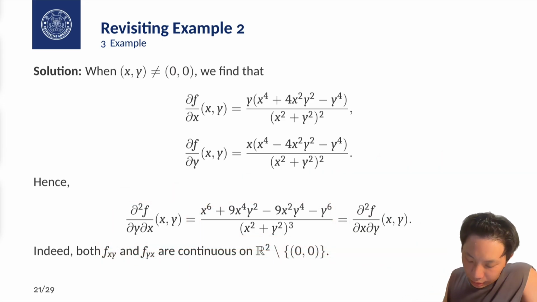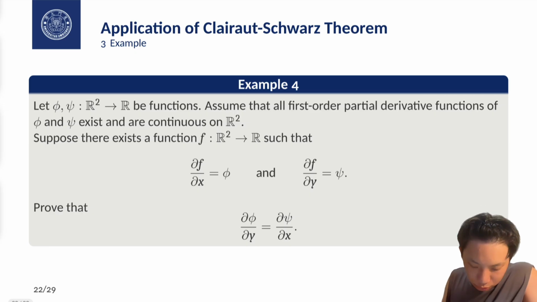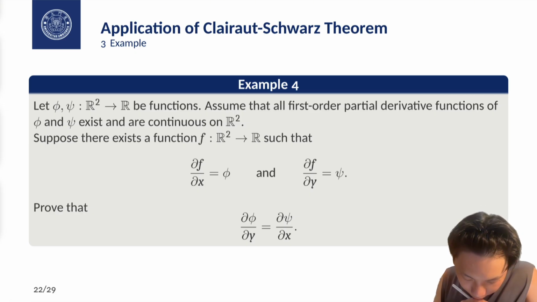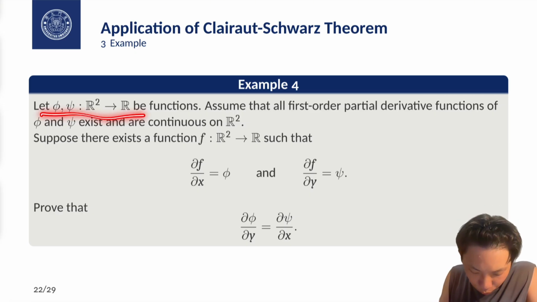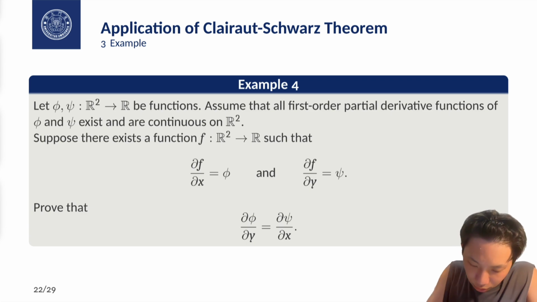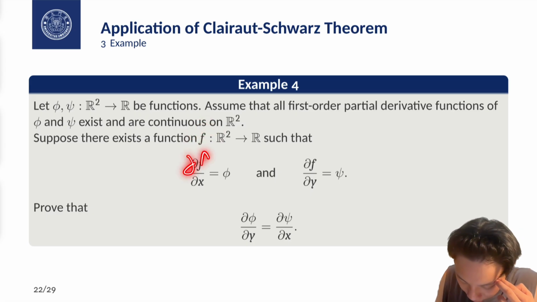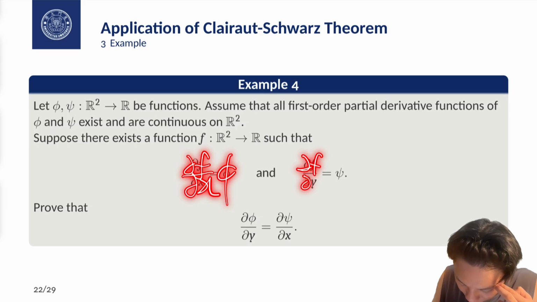And now let us see another example. For this question, there are two functions, and these two functions have first order partial derivatives, and the first order partial derivatives are continuous on R^2. We have another function called f, and we have del f/del x equal to this, and del f/del y equal to this.